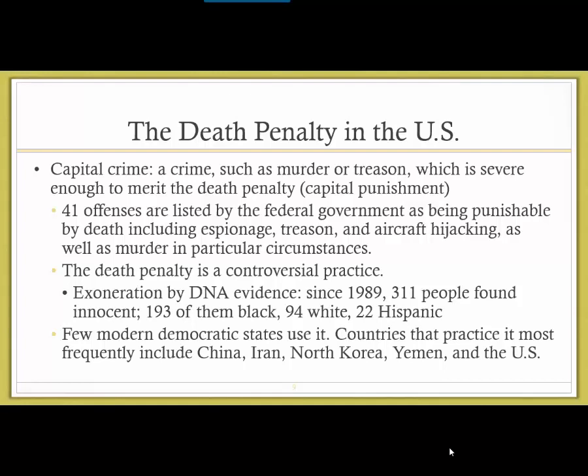And of course, as students always point out, that's just the 311 people who were found innocent because they were in fact alive and still on death row. We don't posthumously check DNA.